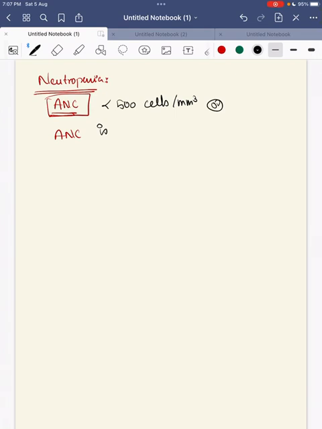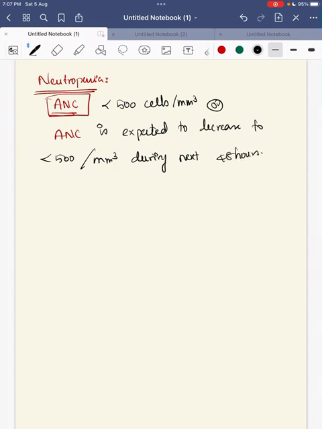So this is the definition of neutropenia.